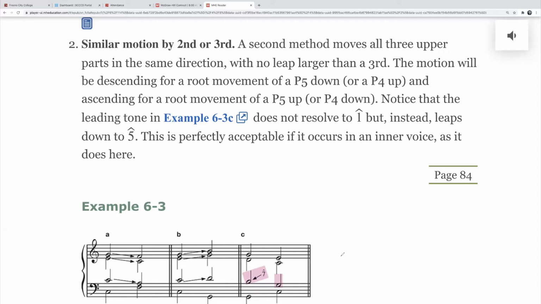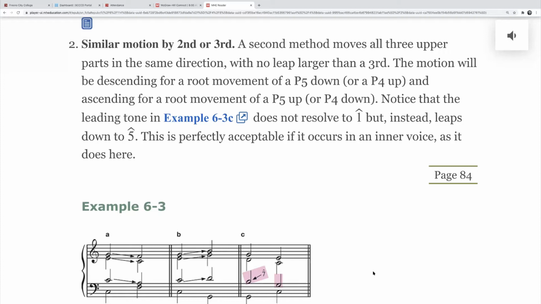The book says the motion will be descending for a root movement of a perfect fifth down or a perfect fourth up, and ascending for a root movement of a perfect fifth up or a perfect fourth down.